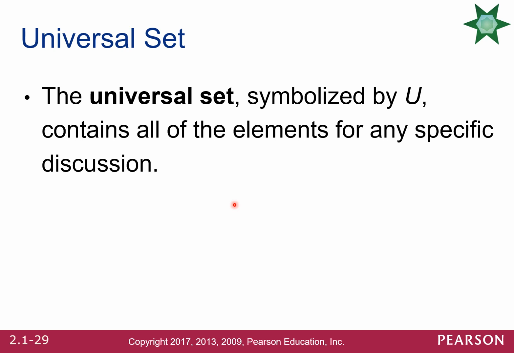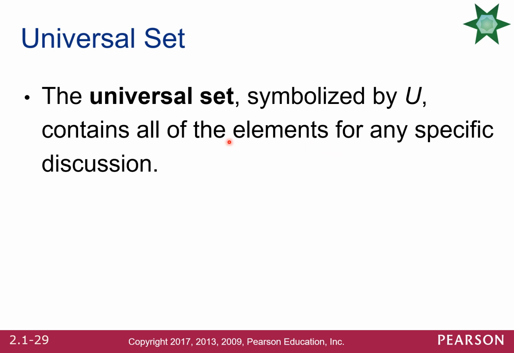For example, the states of the United States. Let's say we are creating a set for the states of the United States. The universal set for that would be all the 50 states of the country.